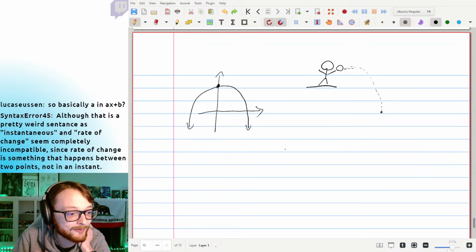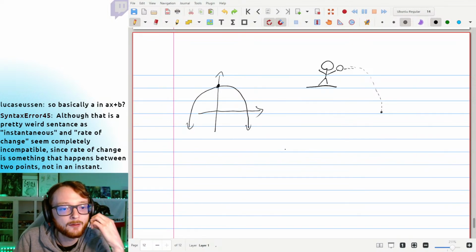That's the entire idea of a derivative, because you let the interval of time the rate is happening in go to 0. But yeah, the a and ax plus b is basically it.